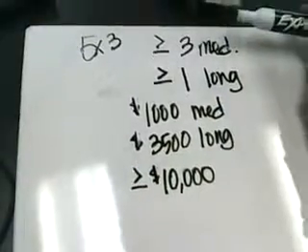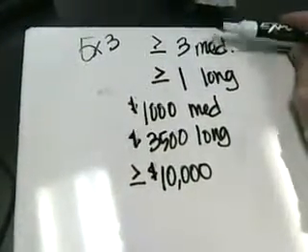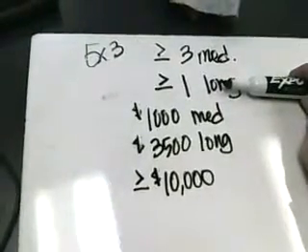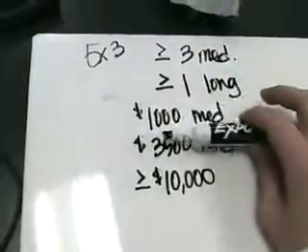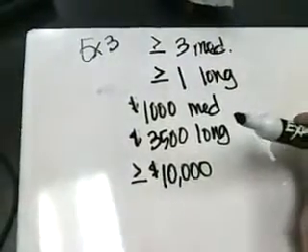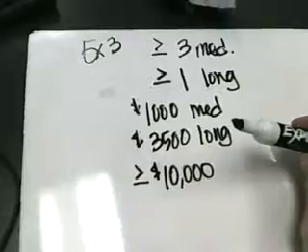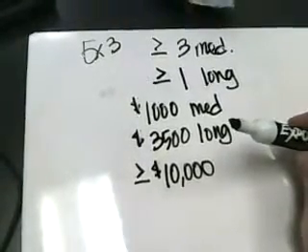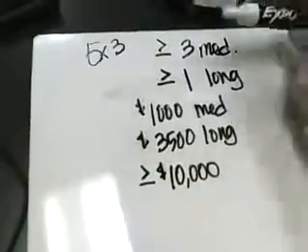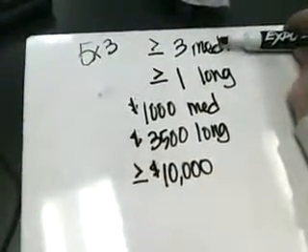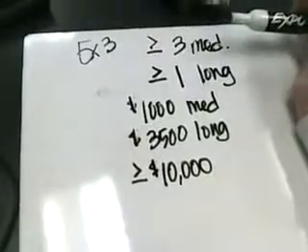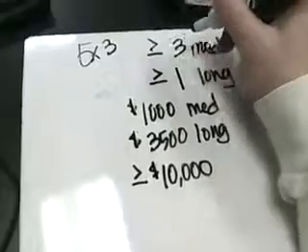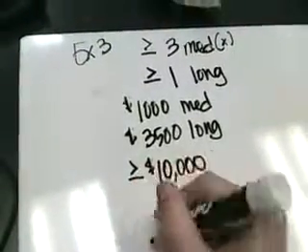So we know we're going to need 1 for mediums, 1 for longs, and then all of these deal with dollars, so we could probably put them in an equation together. So we know our equation has to have an x and a y. So let's make the mediums be the x. And it says that the mediums, or x, has to be greater than or equal to 3. There's my first equation.